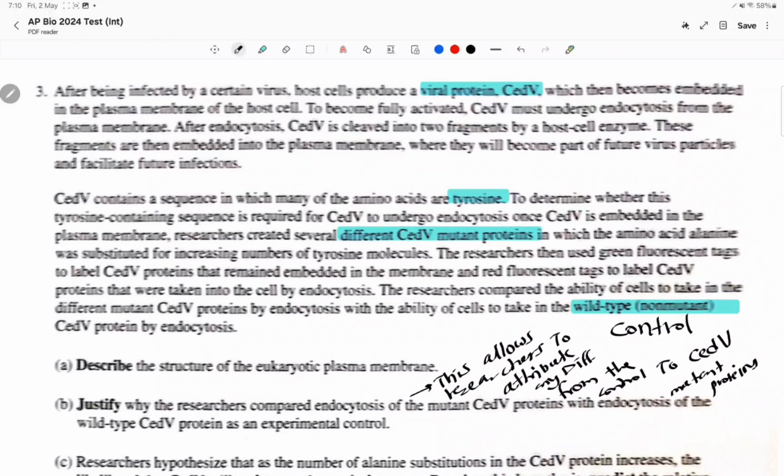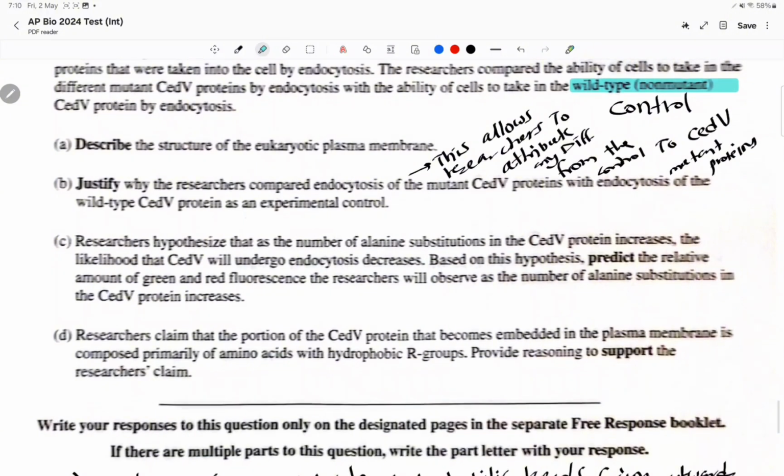Plasma membrane. Green plasma membrane, red inside the cell. Now you're going to have less endocytosis. That means more will remain in the plasma membrane. So you're going to have more green than red fluorescence. Or more green and less red.